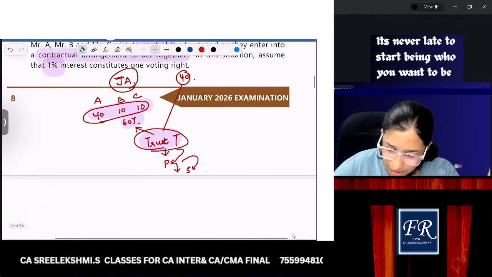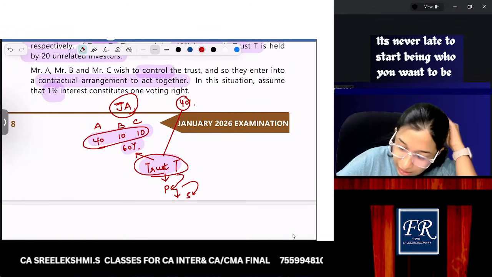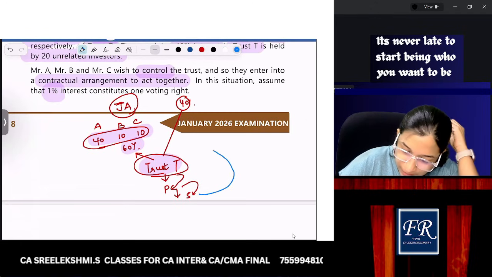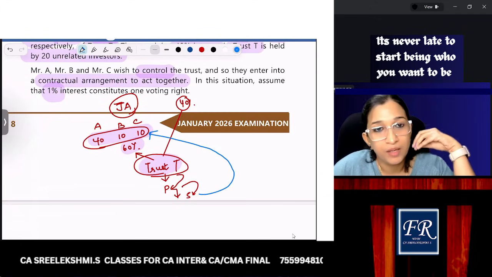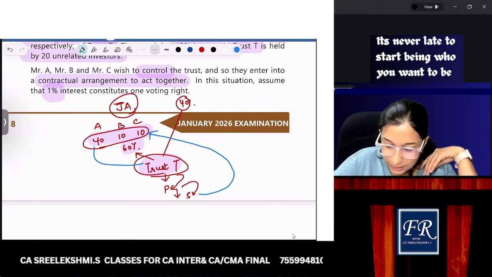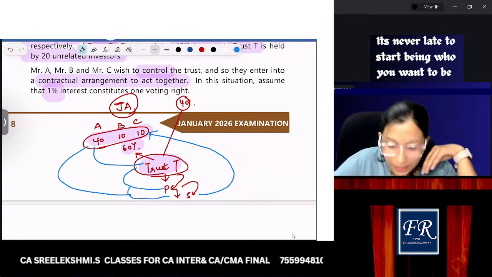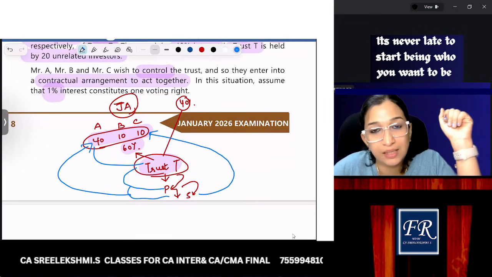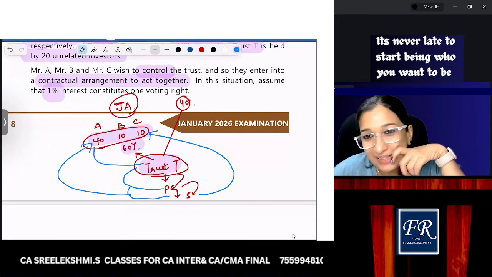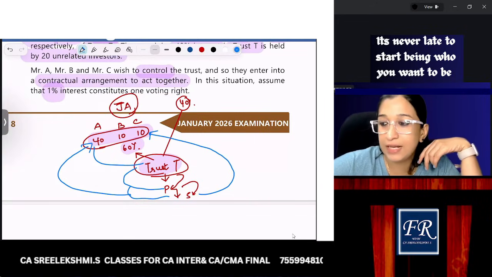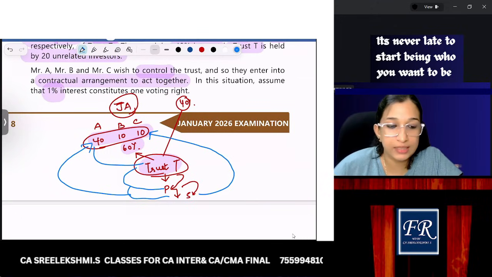Yes. The ultimate controlling party of S is ABC, because ABC controls the trust, and the trust controls P, and P controls S. So S is ultimately controlled by the joint arrangement ABC. Did you get that?